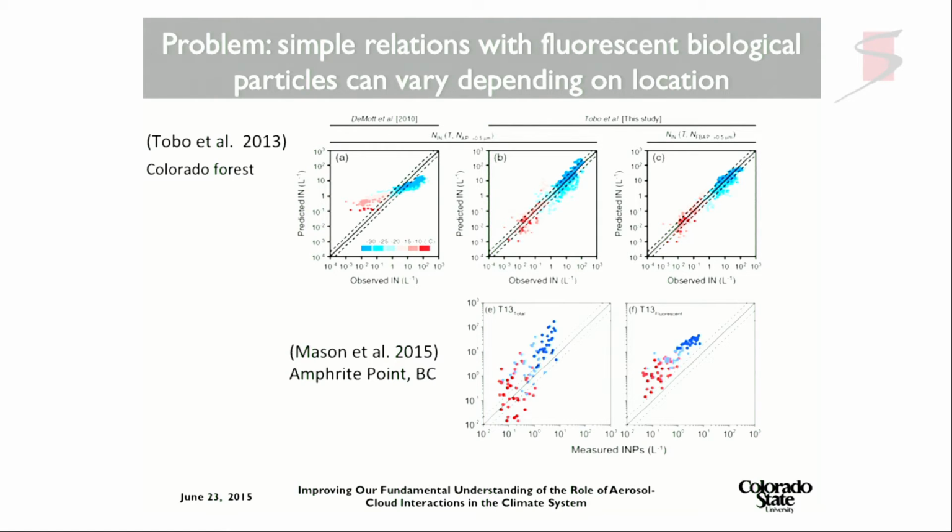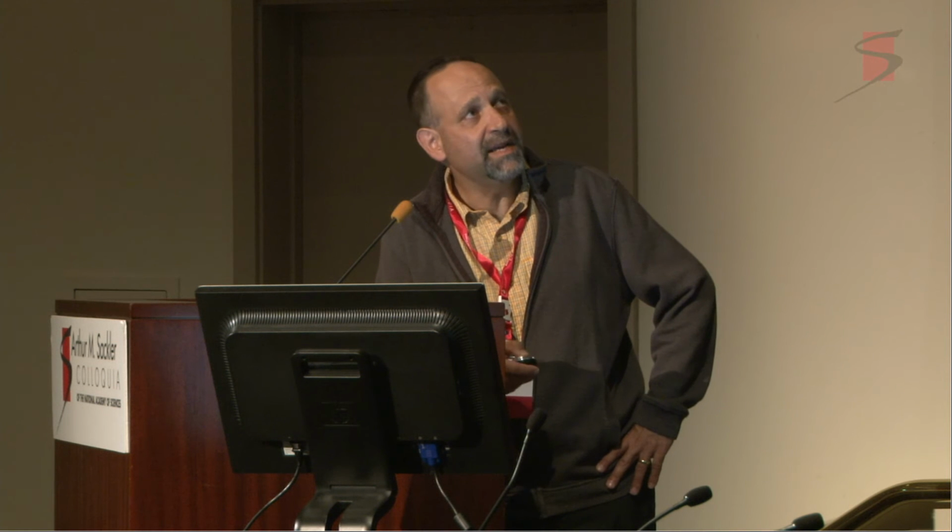It had somewhat the same slope, but they were over-predicting ice nuclei by about a factor of 10. And it's possible that this is because of the large marine aerosol influence there and the fact that the biological particles from marine aerosols are not necessarily the same as the ones in the nearby forests that are both potentially affecting that site. But in any case, we don't know yet if we can unify bioaerosols and have fluorescent bioaerosol ice nuclei in a model.